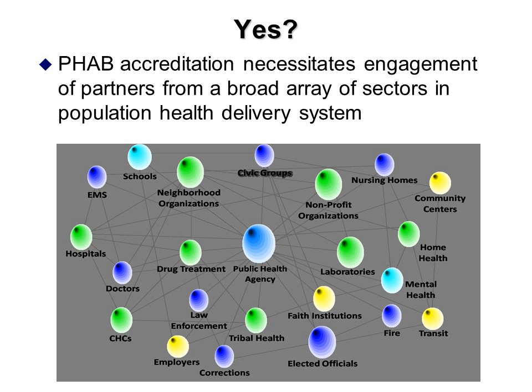Essentially, the activities related to preparing for and attaining accreditation have the potential to motivate the public health agency to reach out to a large number of these different eggs that make up the public health system, and engage more partners in their activities.